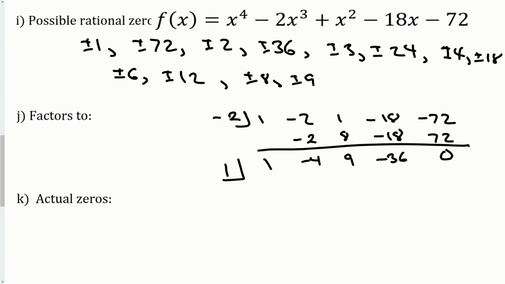Okay? So if you divide out a linear factor, the linear factor that you tried before is not going to work. But that could work because it could be a multiple root.